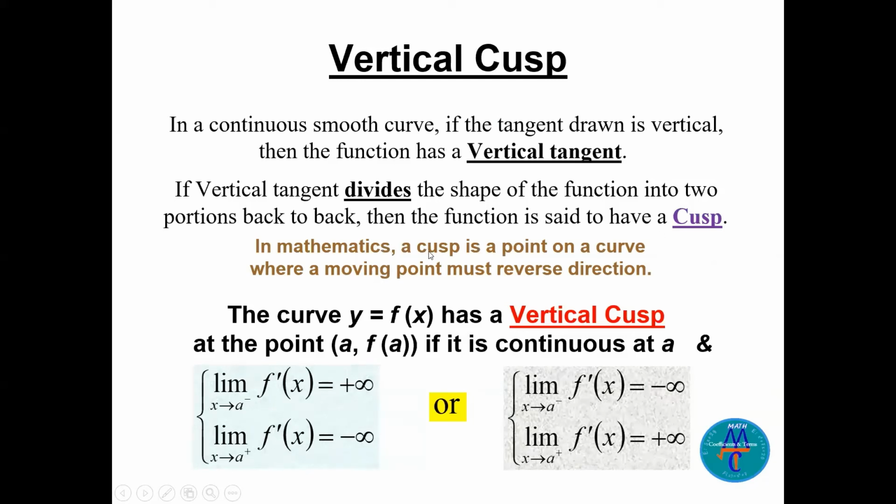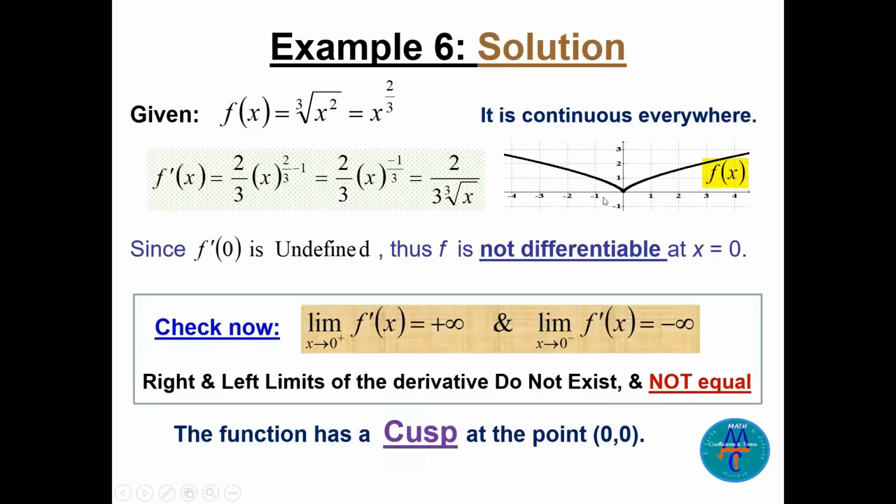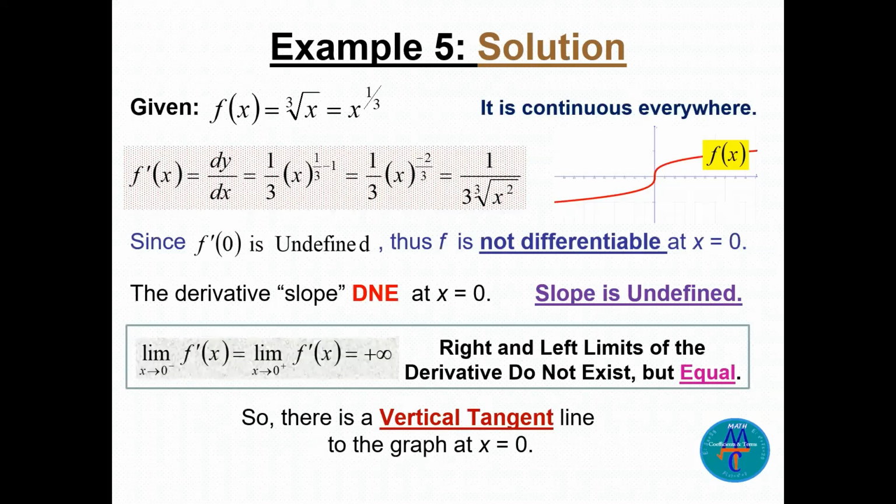In mathematics, a cusp is a point on the curve where a moving point must reverse direction. Let's go back here. If you are moving on the curve here, at this point you have to reverse direction. Now if you go back to this one, this is a vertical tangent. If you are coming on the curve like this, you reach zero, then you continue, you don't have to reverse direction.